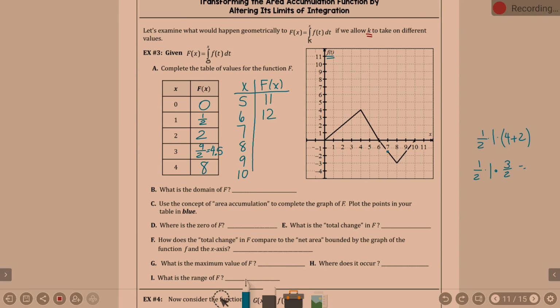So from 12, you're subtracting 3/4. Now, honestly, I would kind of forget that 11.25 for a moment and just, when we go to 8, can you just subtract off that triangle there instead? Yeah. It's going to be mathematically easier.